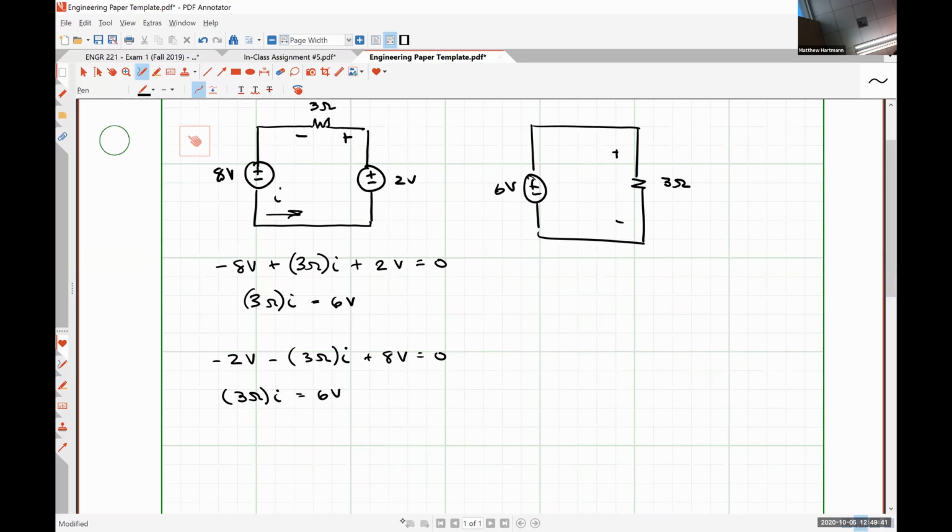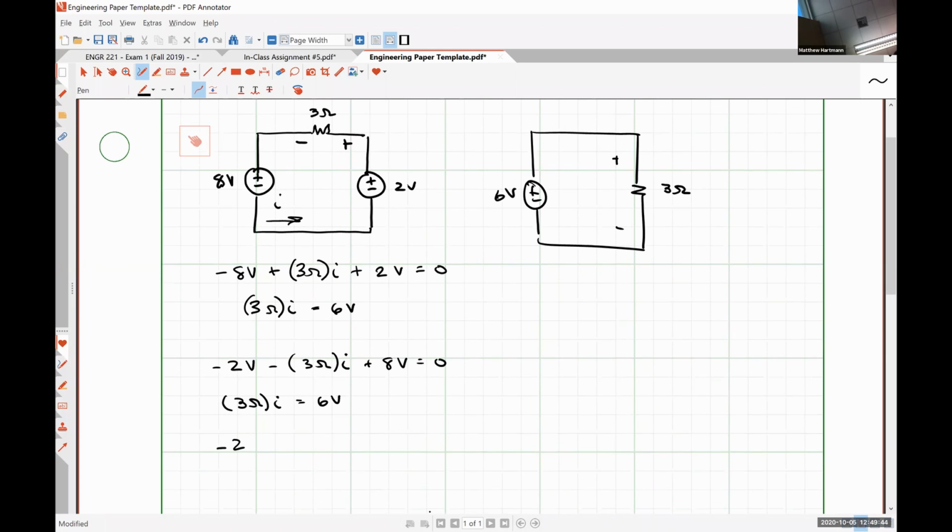All right, so now we have -2 volts plus 3 ohms times I plus 8 volts is equal to 0. When we do this, we're going to have 3 ohms times I is equal to -6 volts. So in this case, let's be clear here, this is how I is going.